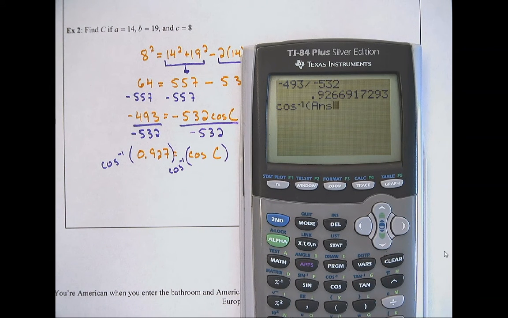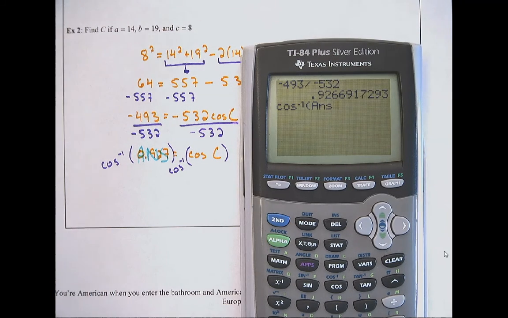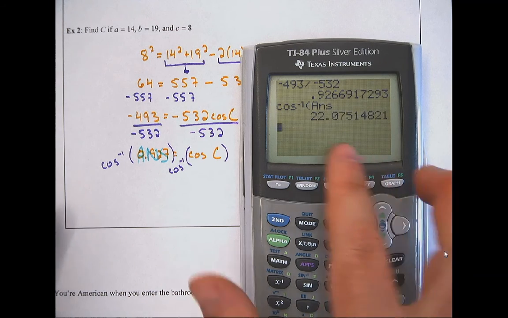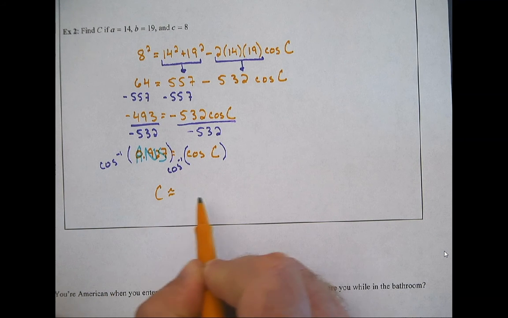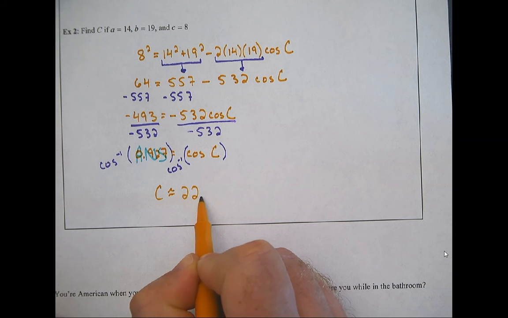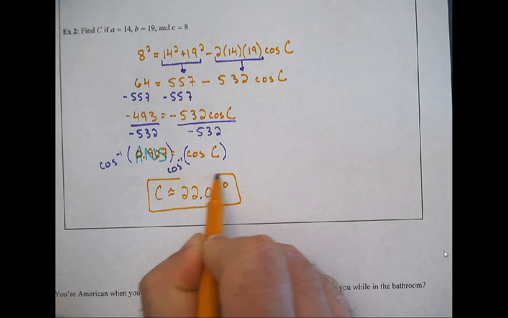So in other words, I recommend using the answer button in this situation. Replace this with answer instead of that decimal, and then we get an answer that's as close as we possibly can get, 22.08. So then we would say that big C is approximately 22.08. This is an angle, so don't forget your degree symbol.